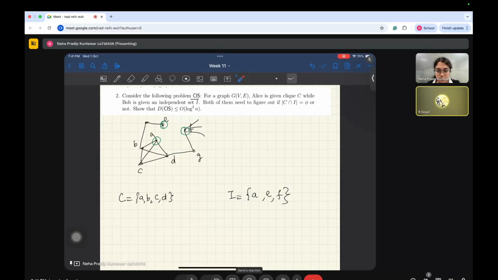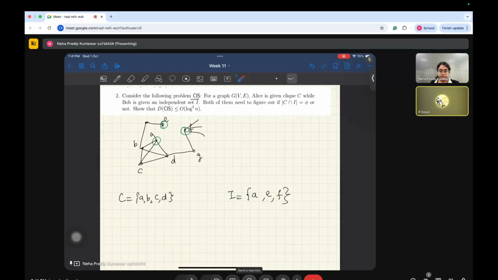So if that is the case, then we need to solve this in log square n amount of time. Alice has a clique and Bob has an independent set, and now they need to check whether something is common between their sets or not.